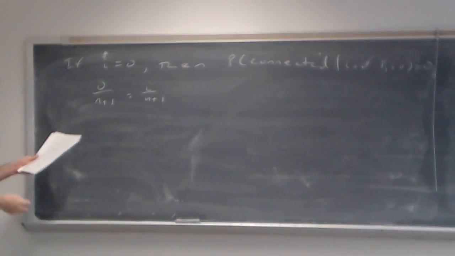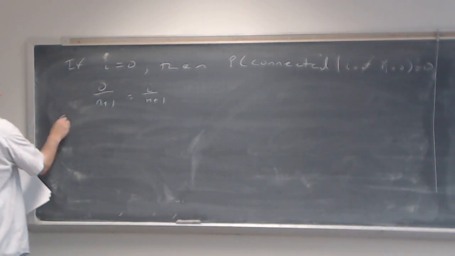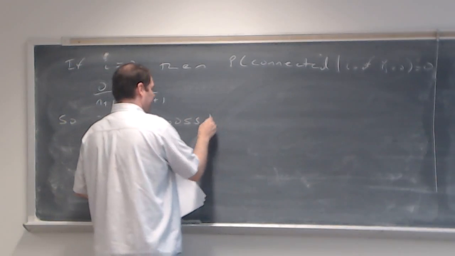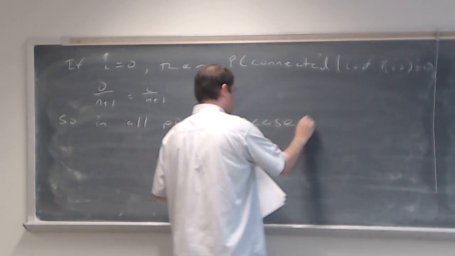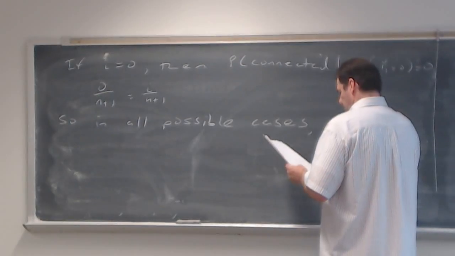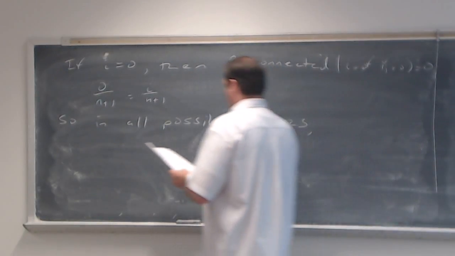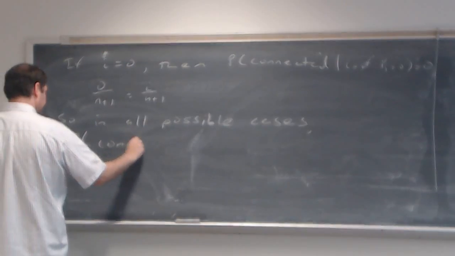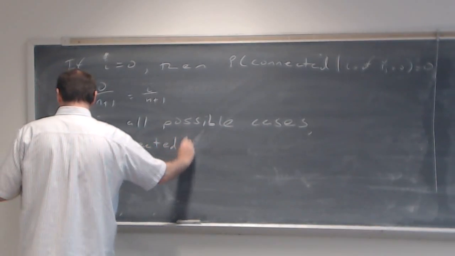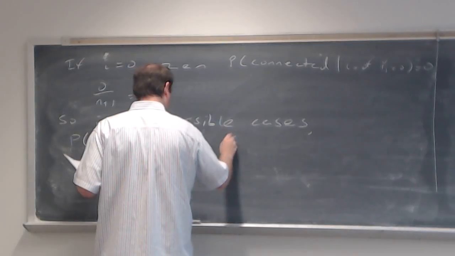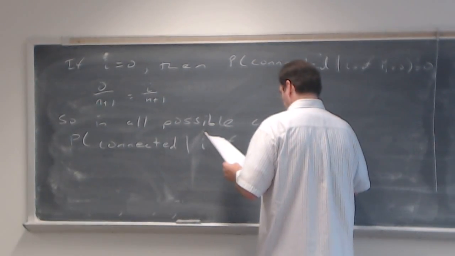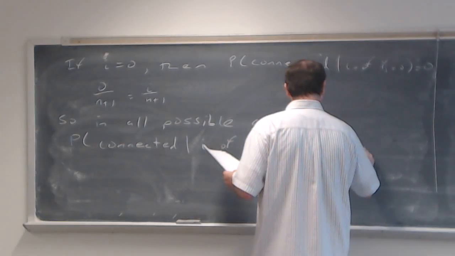So it works in this situation too. So in all possible cases, the probability of the random graph being connected, given exactly I of the y sub j's are equal to 0, is I over n plus 1.